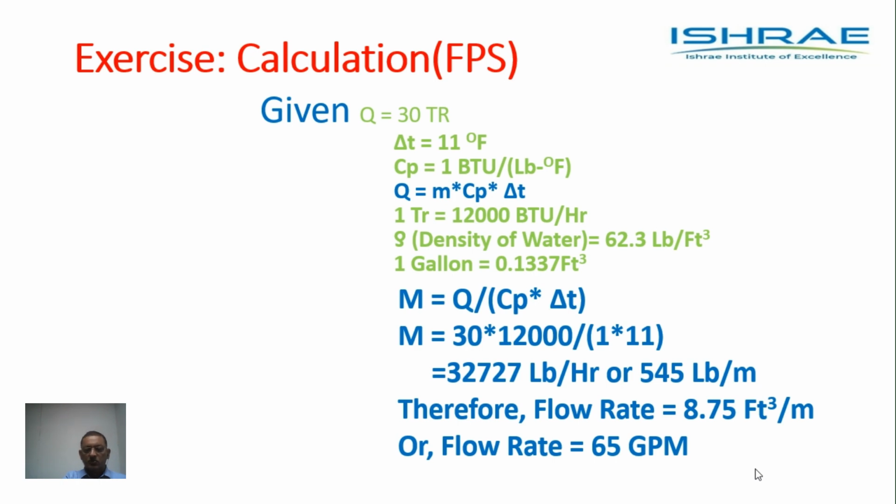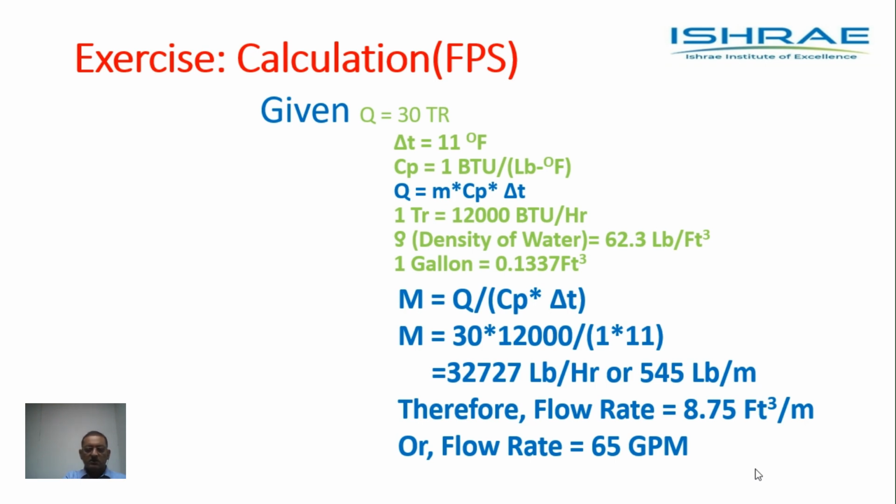Typically, as a thumb rule calculation, people give design margins also. The consultants or the practical users say that for every TR it is around 2.5 GPM of water that is required. In those conditions, delta T could be different from 11, and they are also giving a design margin.